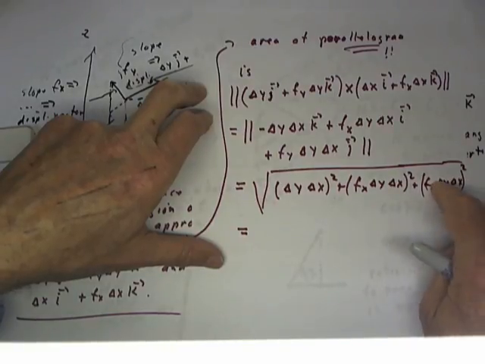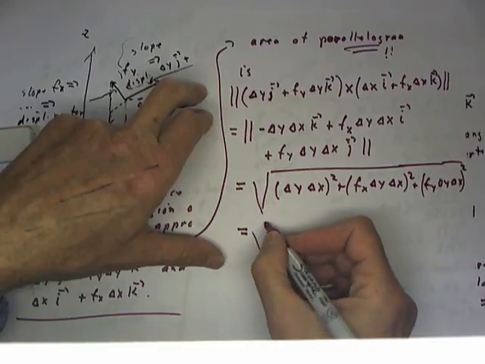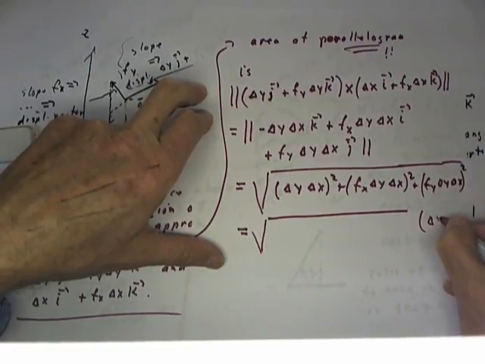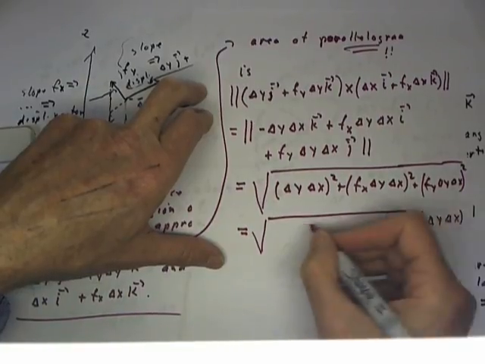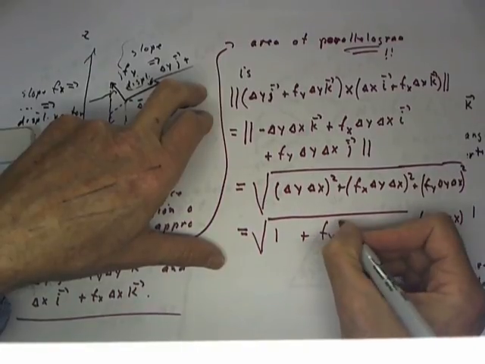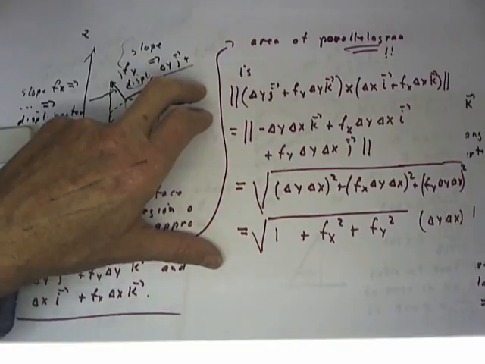And squaring everything, we can factor out the delta y delta x. And what's left inside is 1 plus Fx squared plus Fy squared.